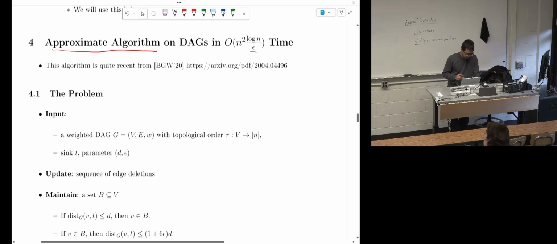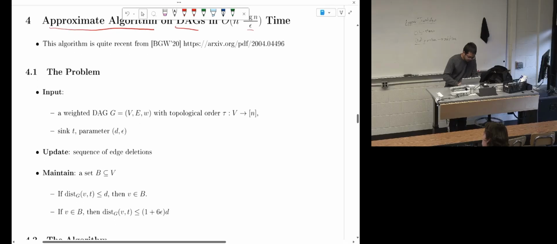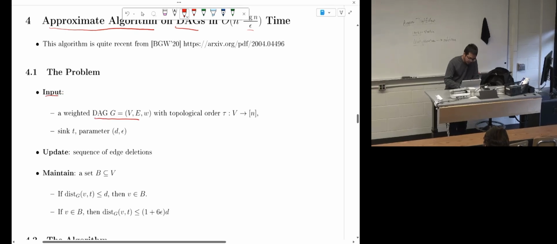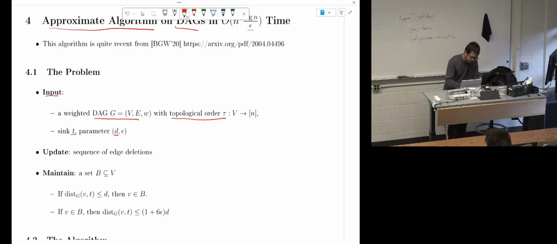Let's recall the algorithm for decremental shortest path on DAGs. The problem is: you have a DAG with topological order tau, a sink, and some parameters d and epsilon, and the graph undergoes edge deletion.